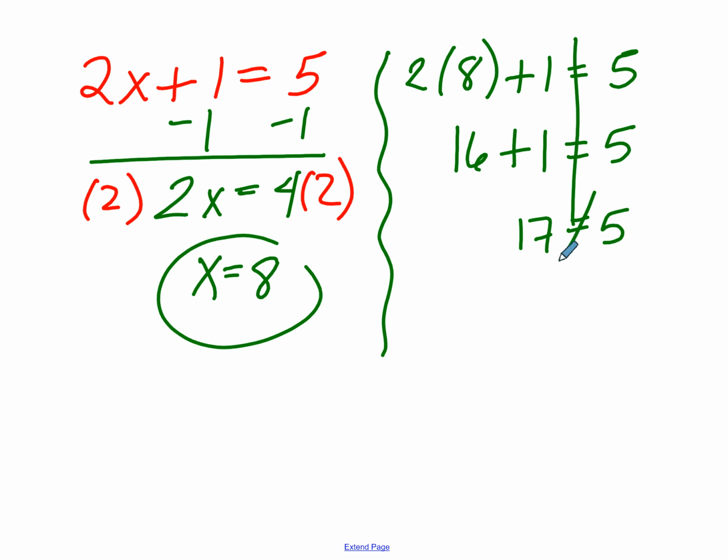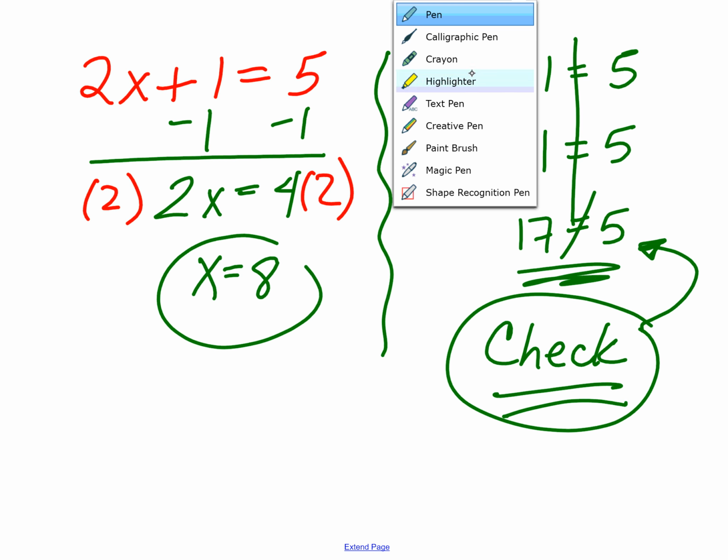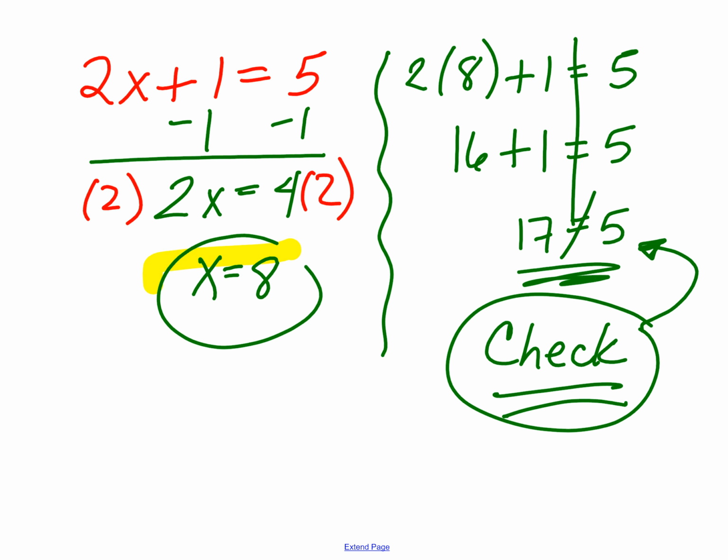These are not equal. So when you get something in the check, and we're talking about when we're checking, not solving, but the checking, when you get something on the side like this on the check, that does not mean this is a no solution problem. What this means is that the answer that you chose, this answer here, is not correct.